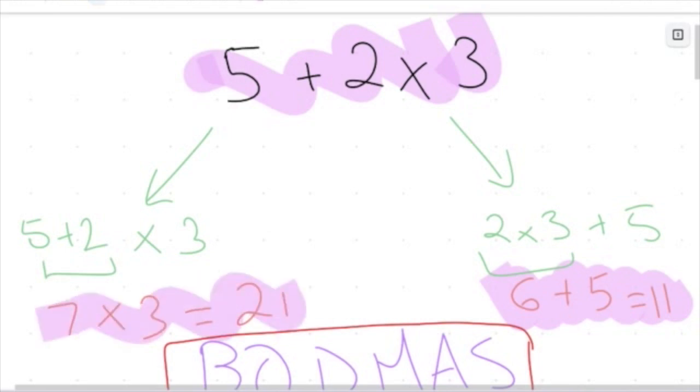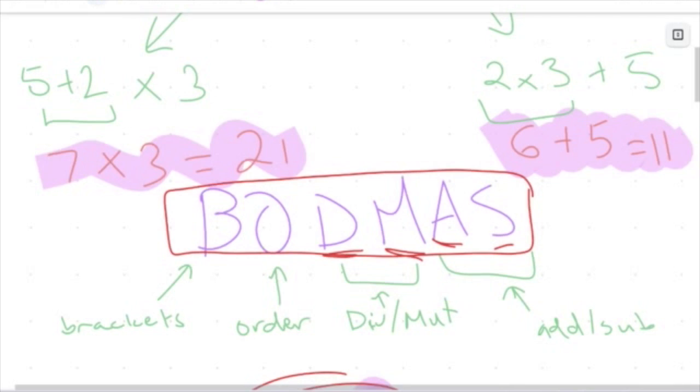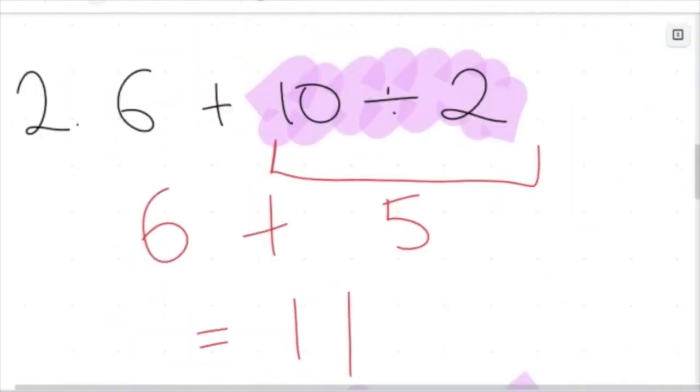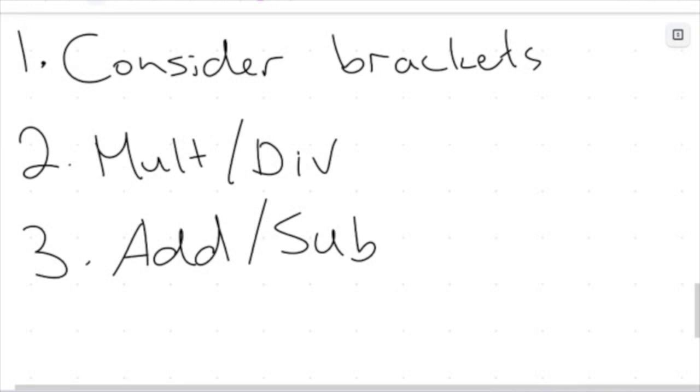But now that we have introduced and worked with our order of operations, our BODMAS here, we can work with any level of difficulty question a lot more comfortably, as long as we follow our steps, which are, once again, consider the brackets and compute those. We want to multiply and divide after that, do any multiplication and any division that we have left, and then finally we add and subtract.